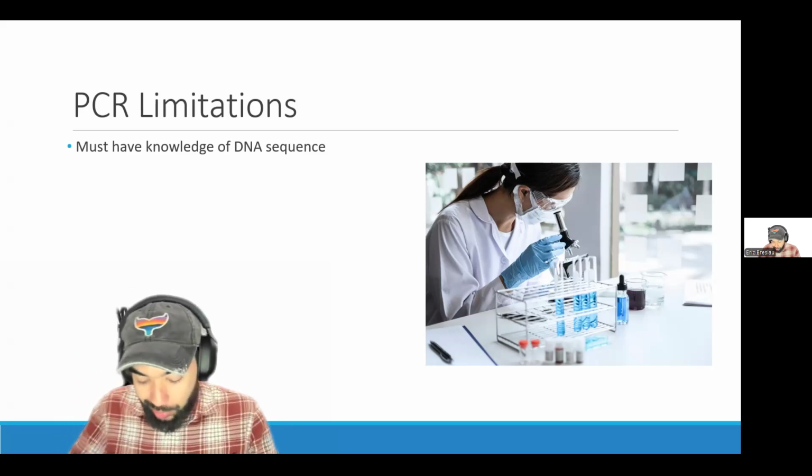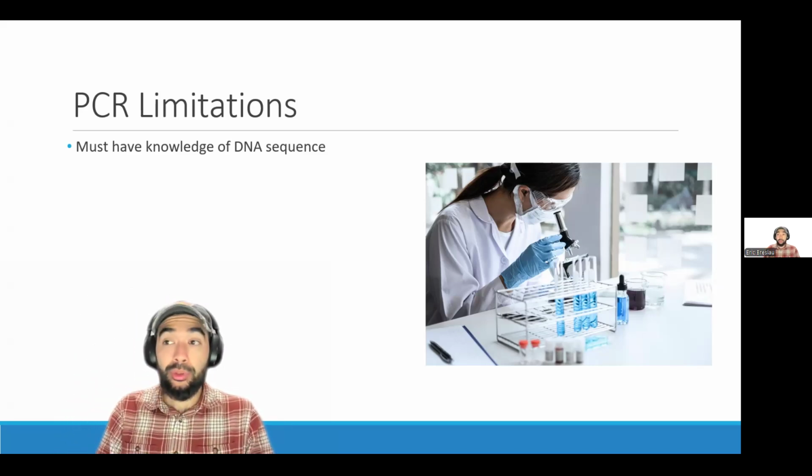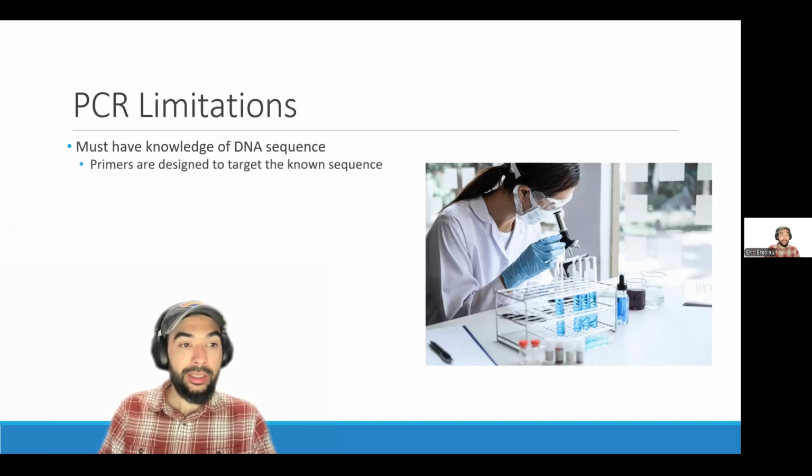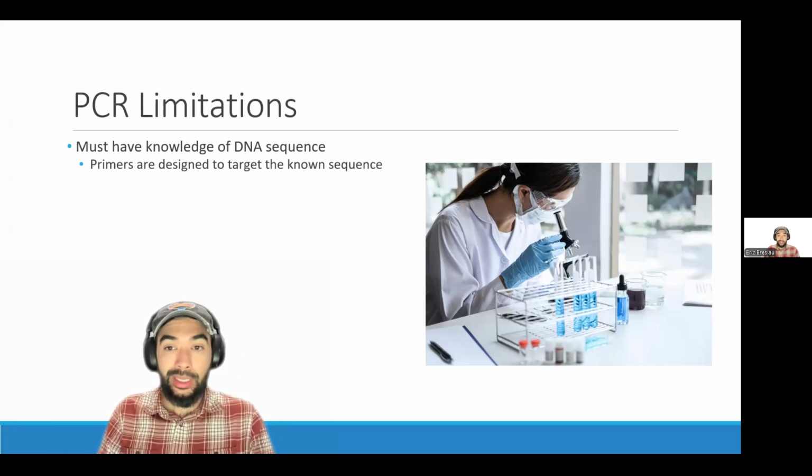PCR is this really great tool, helped improve the efficacy of gene cloning and amplifying DNA, but it does have its limitations. It's not a perfect technique. For example, one big limitation is that we can only amplify sequences of DNA if we know the sequences.